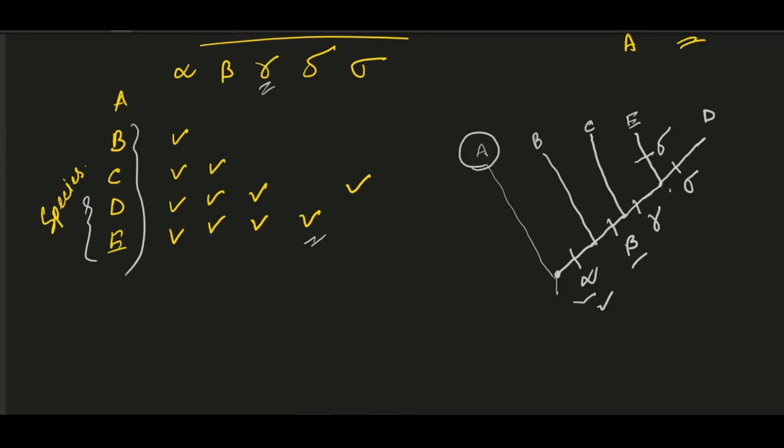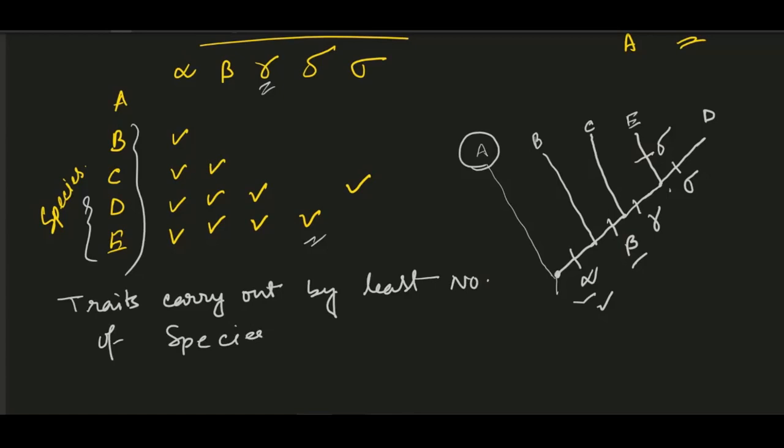So from that we can say that traits carried by the least number of species are the most recent derived traits.